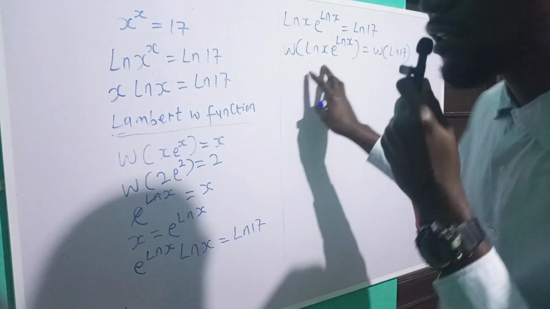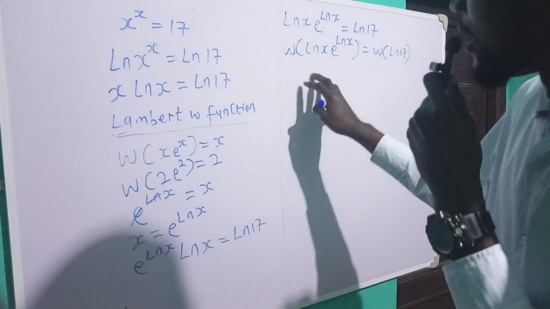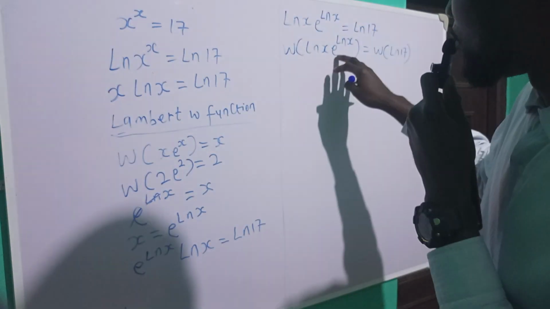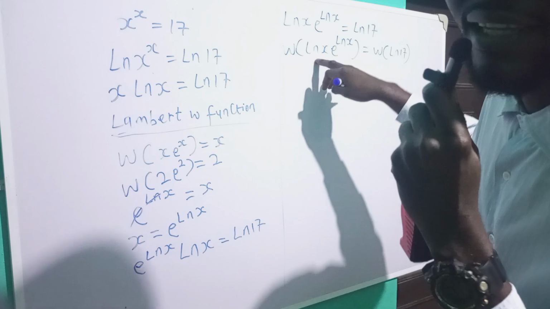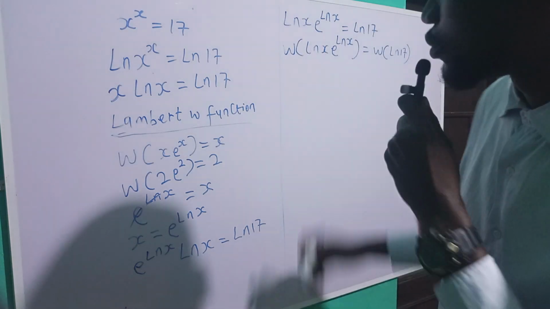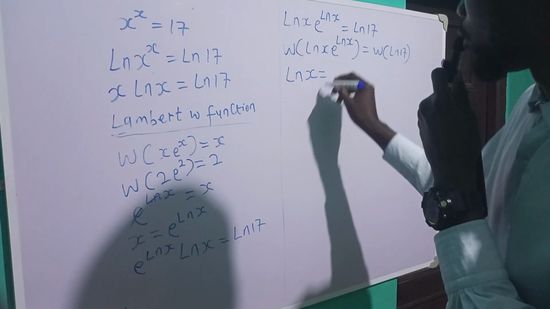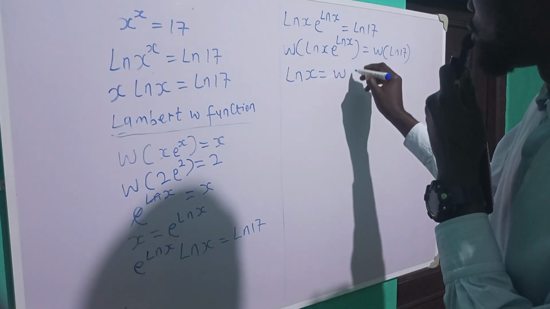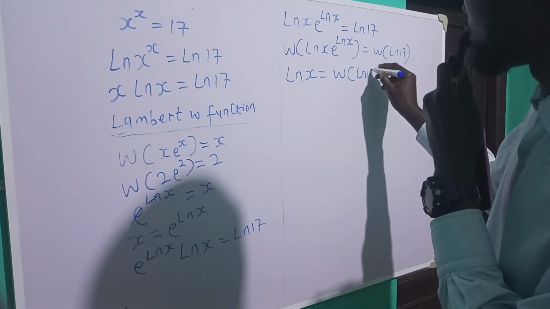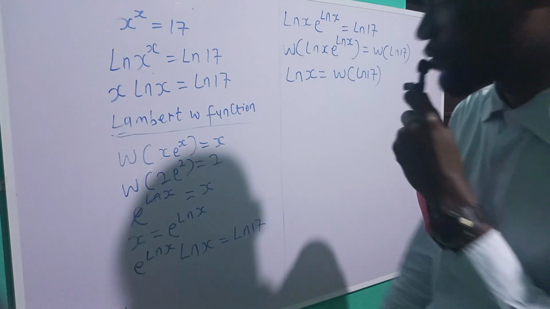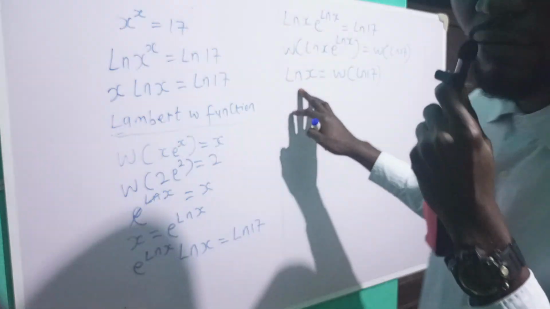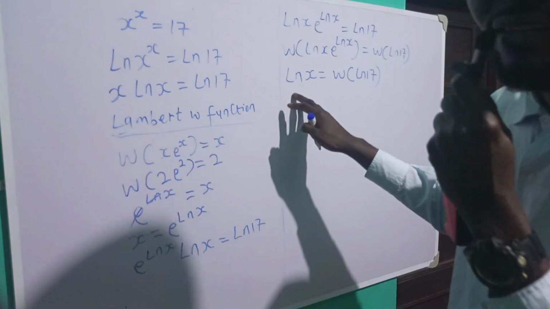So if I apply the Lambert W function on the left hand side, I will be left with ln x, because ln x is the coefficient of e and ln x is still the power of e. So we have ln x is equal to the Lambert W function of ln 17. Very beautiful.